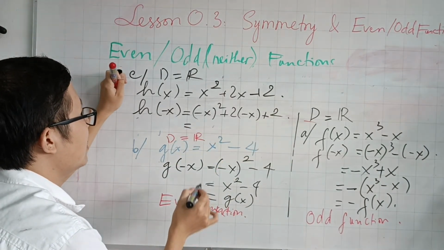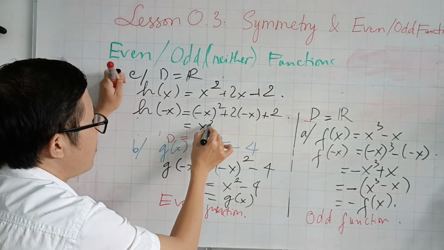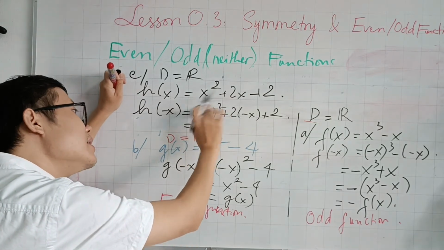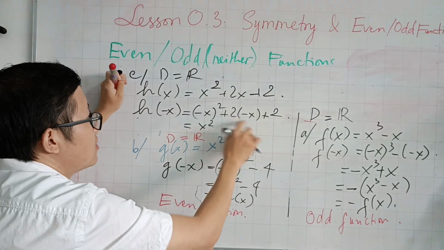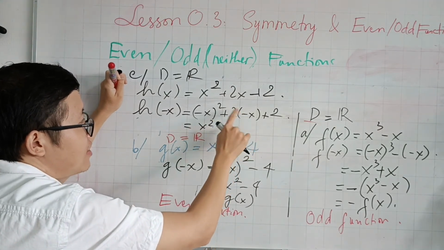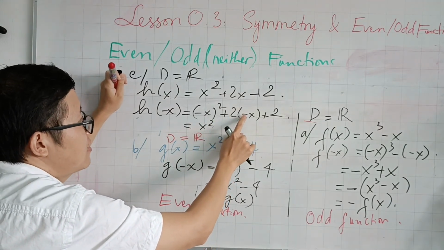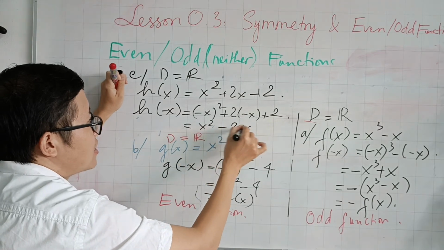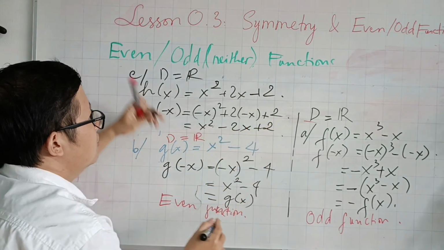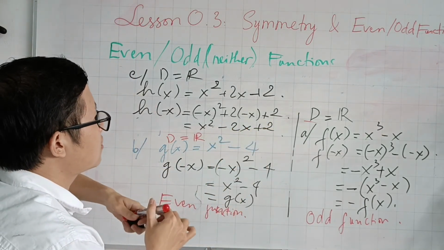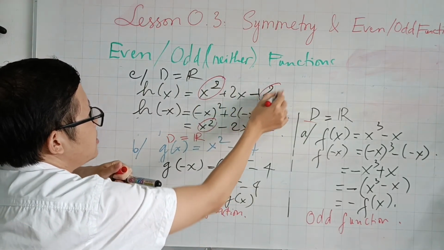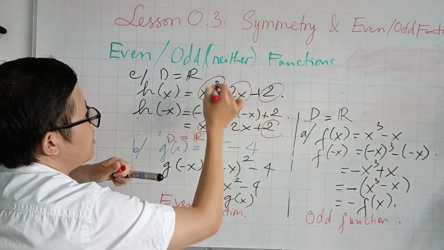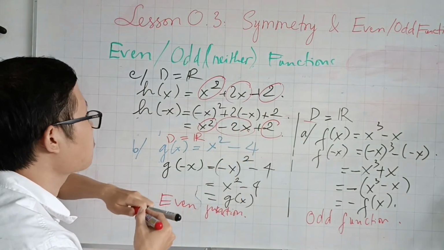It is x squared, negative squared we remove the negative sign, 2 times negative x is negative 2x, plus 2. The first term is the same, the last term is the same, but the second term is not the same.